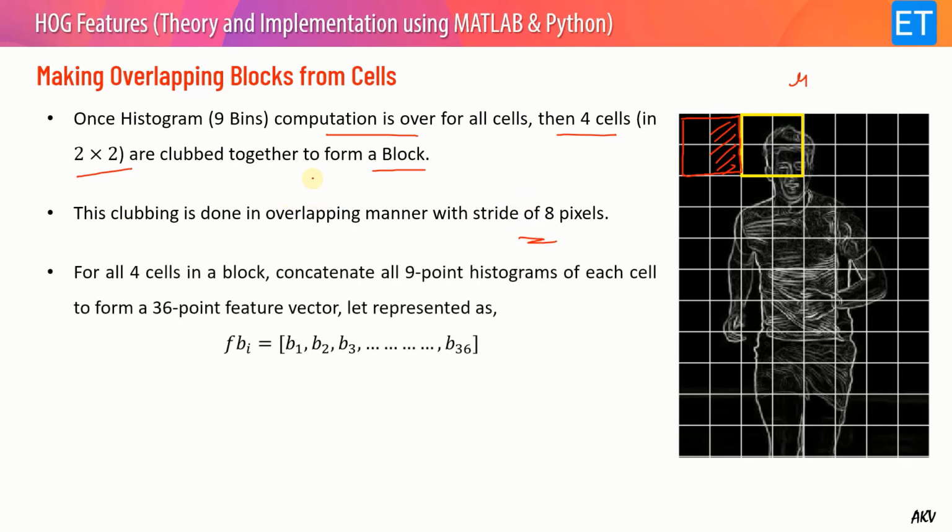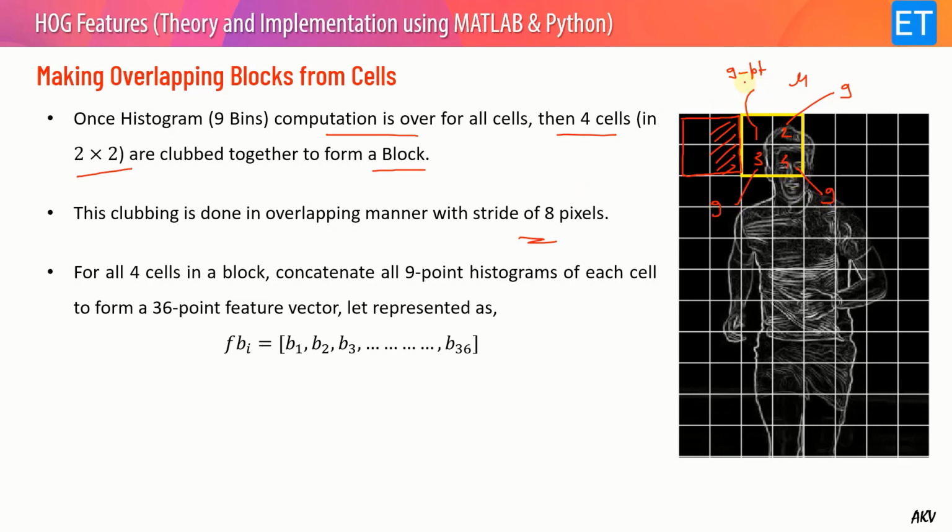For all 4 cells in a block, let's say you are considering this one block, we have these 4 cells, and for each cell I have already computed one histogram of 9 points. So 9 points for this, 9 points for this, 9 points for this, and 9 points for this cell.